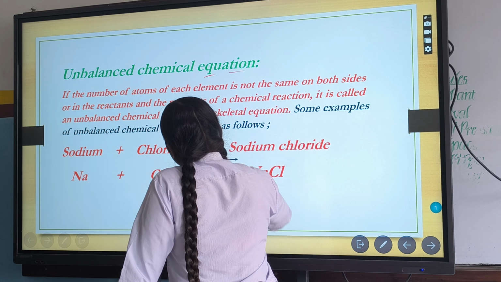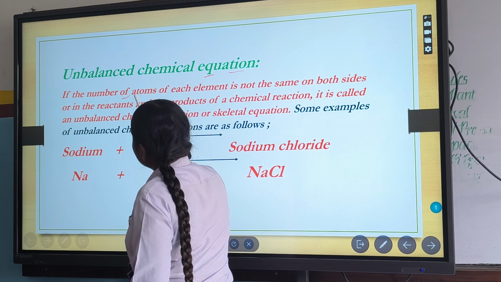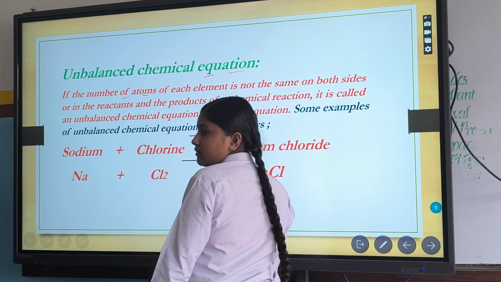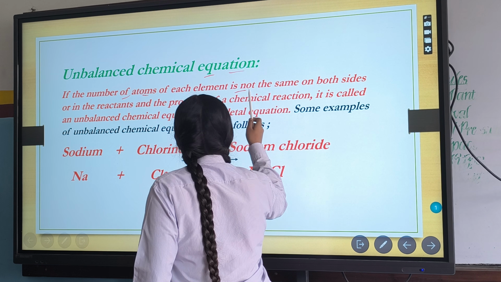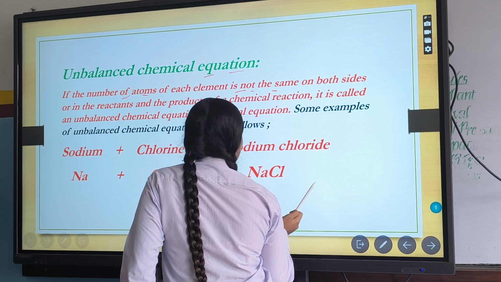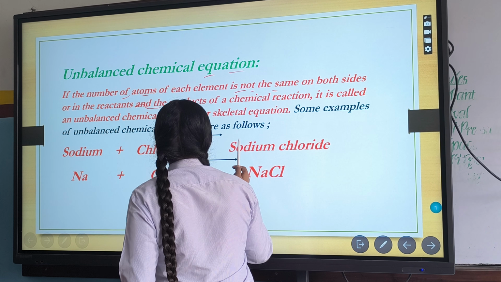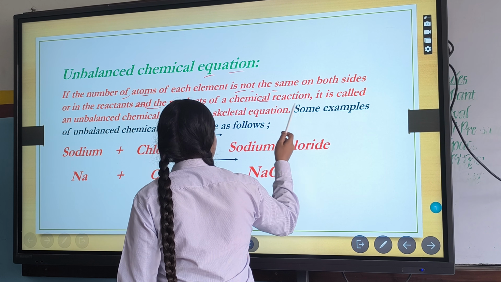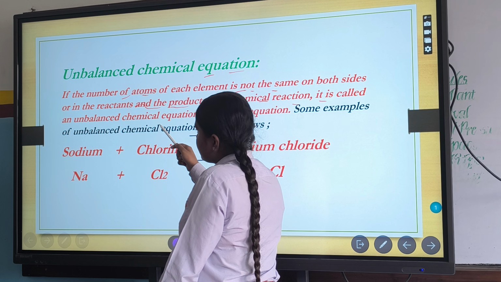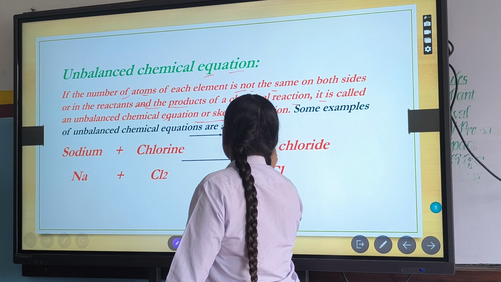Unbalanced chemical equation. If the number of atoms of each element is not the same on both sides, in the reactants and the products of a chemical reaction, it is called an unbalanced chemical equation, or it is also called a skeleton equation.